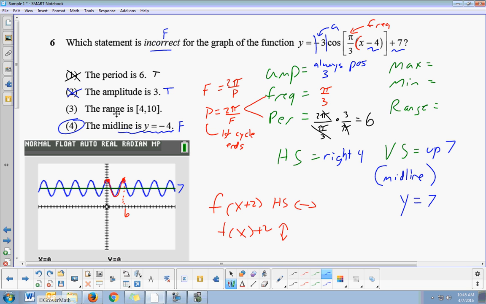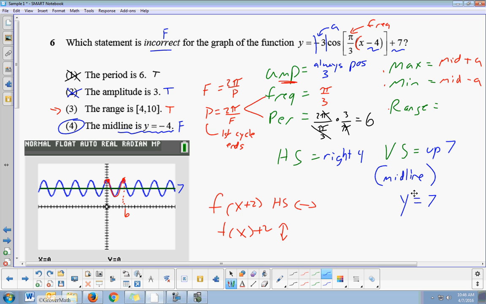But how about this other piece here, the range? This is a true statement, but how do we get that? That comes from maximum, minimum, and range. And that comes from a combination of your amplitude and your vertical shift, your midline. So whatever your midline is, you plus the amplitude. And whatever your midline is, you minus the amplitude.